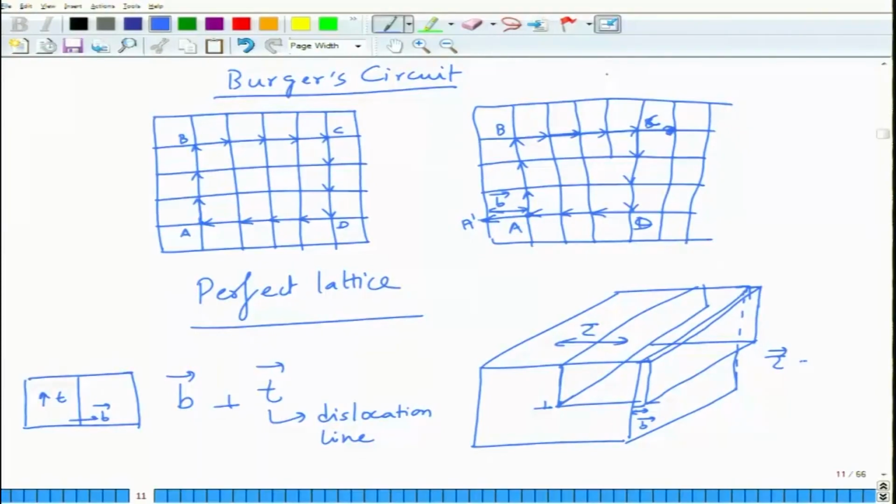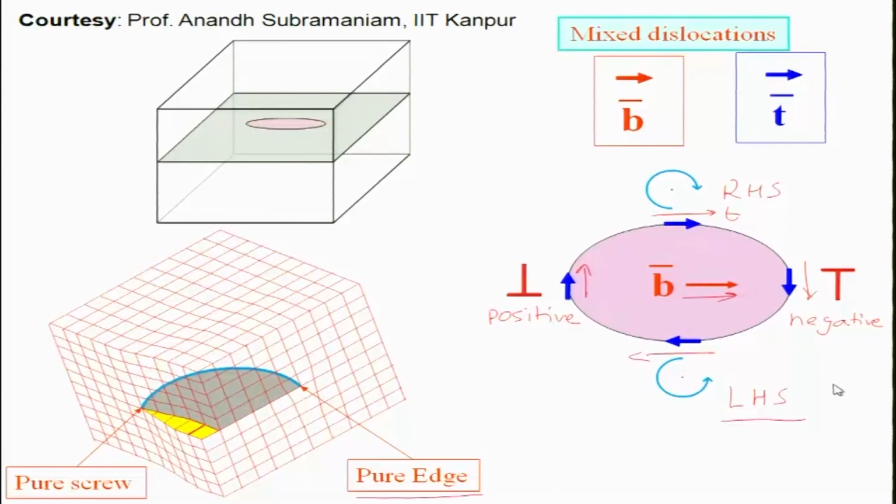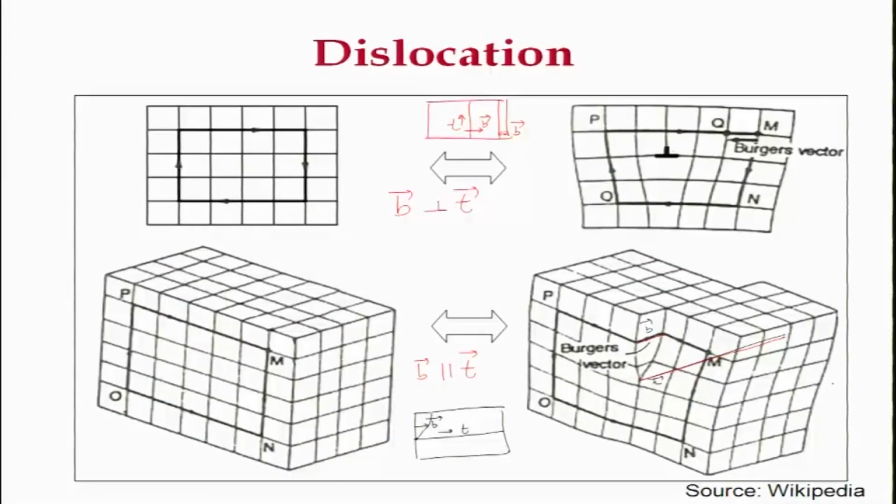Tau is parallel to B and tau is perpendicular to T. If you look at the screw dislocation case, it is the other way around. In case of screw dislocation, the stress has to be applied in this direction, this is the stress axis. So stress is parallel to the Burgers vector and is also parallel to the dislocation line.